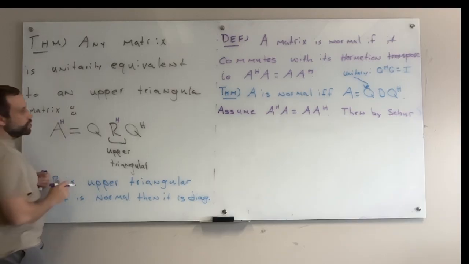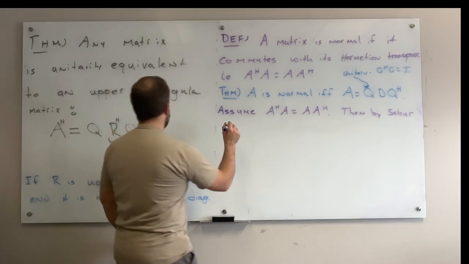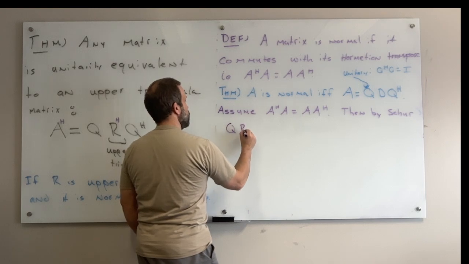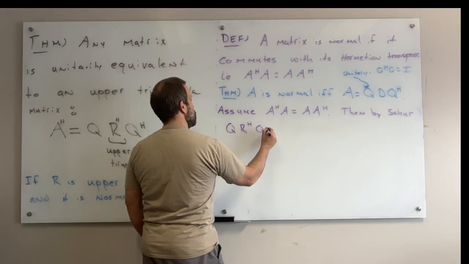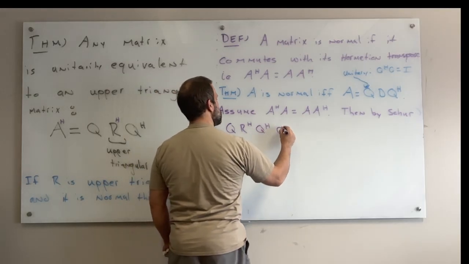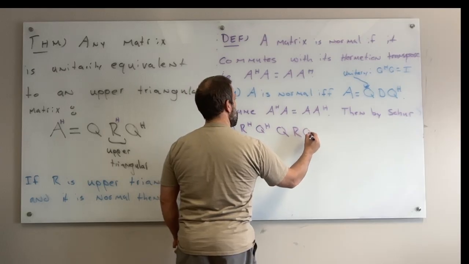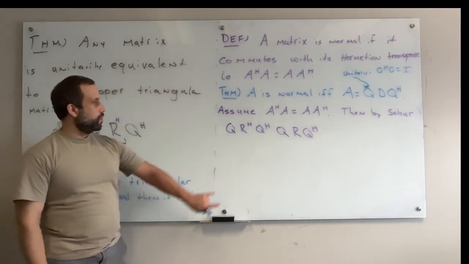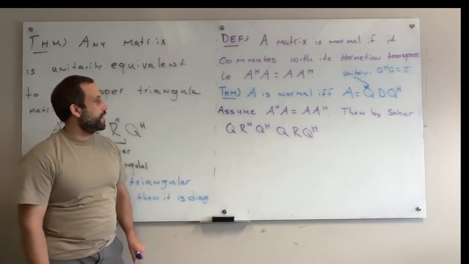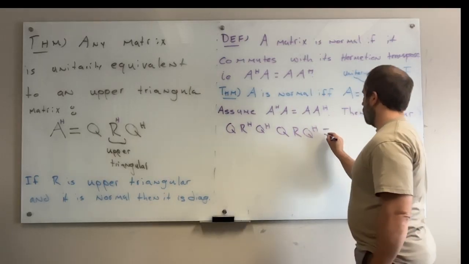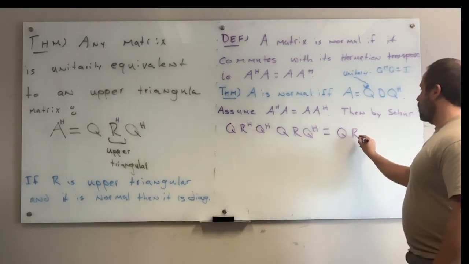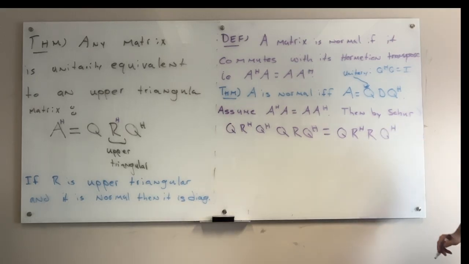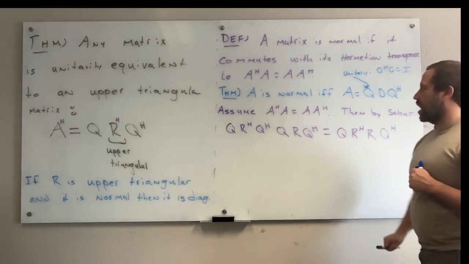Now A^H A we can write as Q R^H Q^H times Q R Q^H. Using the associativity of matrix multiplication, Q^H Q is equal to the identity matrix. So this is simply Q R^H R Q^H. Okay, so that's the left-hand side.